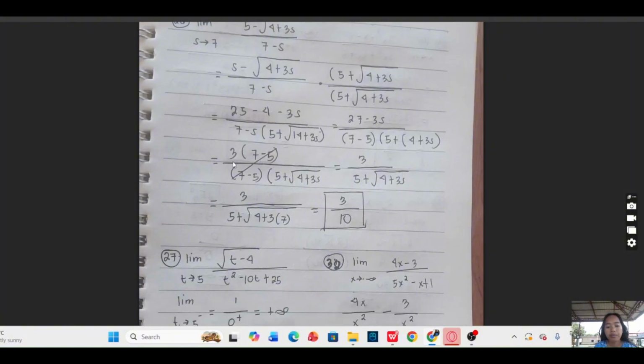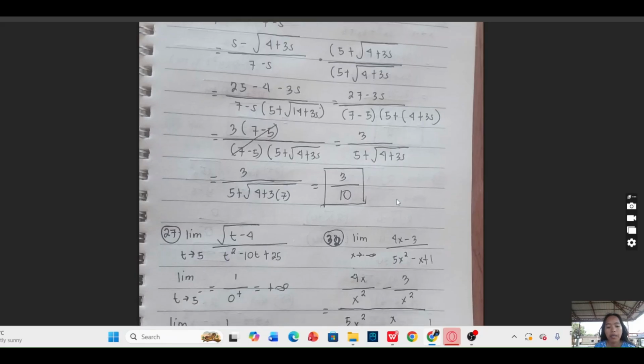Then the answer would be 3 times 7 minus s all over 7 minus s times the quantity of 5 plus square root of 4 plus 3s. And that would be 3 over 5 plus the square root of 4 plus 3s.